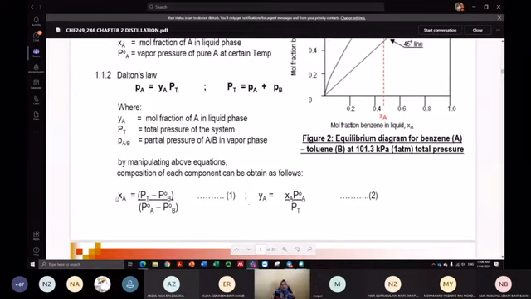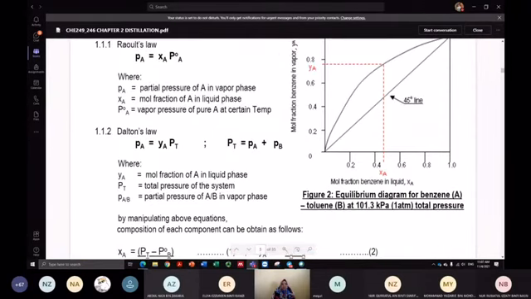Remember, just now I mentioned XA and YA; they should be in equilibrium. If they are at equilibrium, it means the temperature of liquid A and the temperature of vapor A should be the same. So why do you need equation 1 or equation 2?